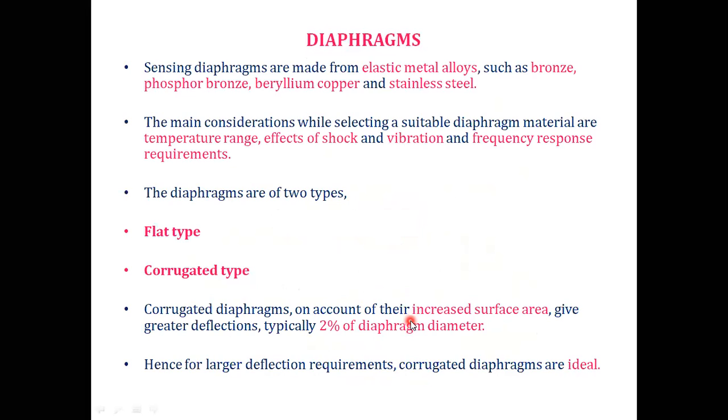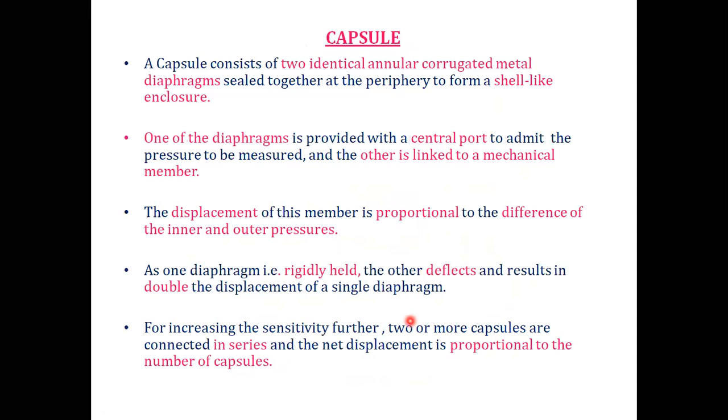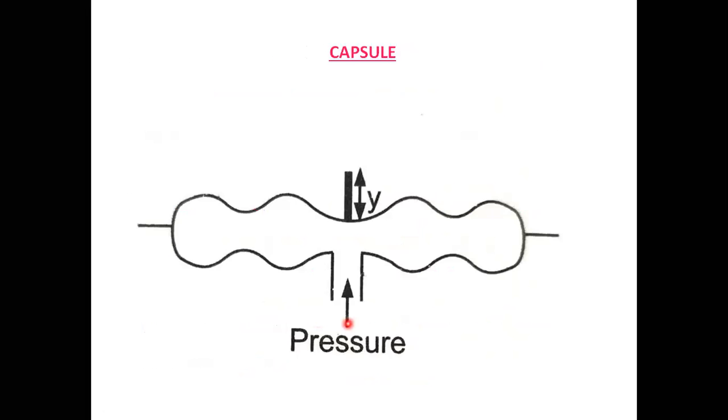A capsule is formed by joining two diaphragms. Corrugated diaphragms can be joined together to make this capsule. One end is given the unknown pressure, and at the other end mechanical movement of the diaphragm takes place.